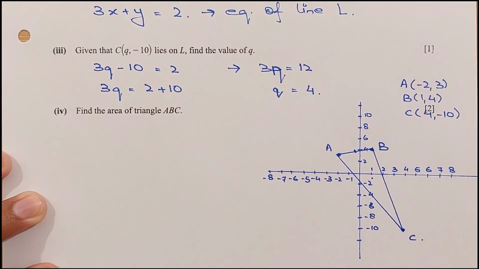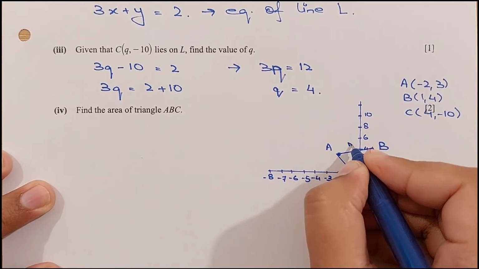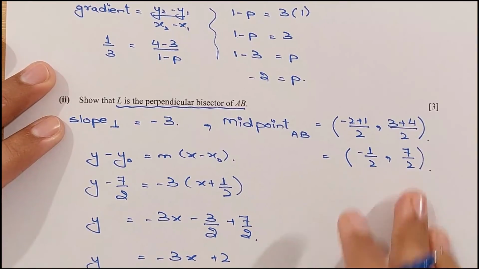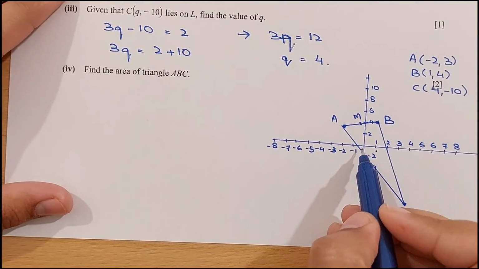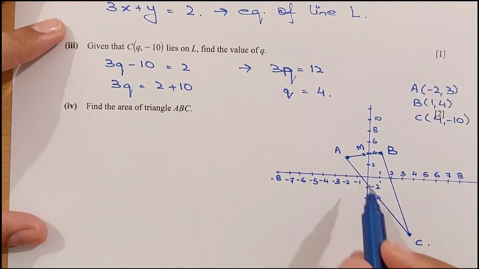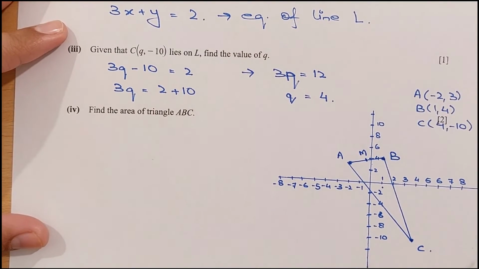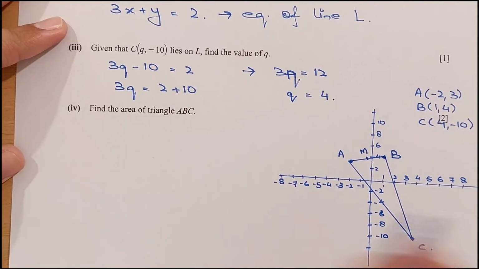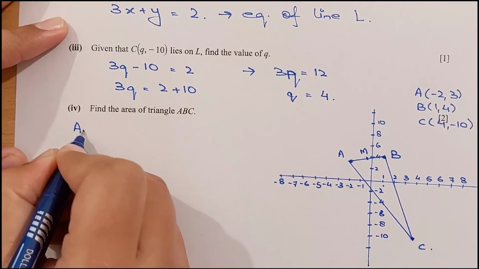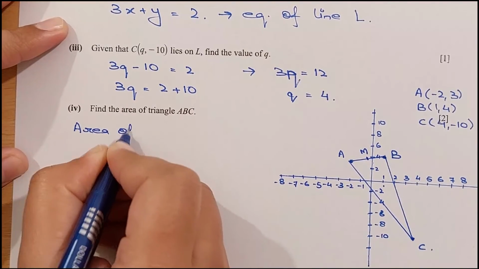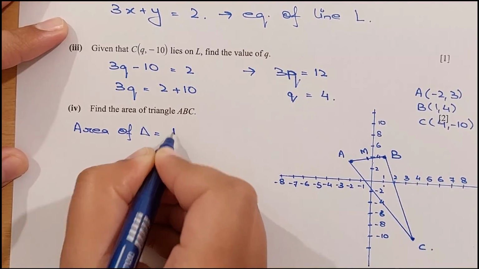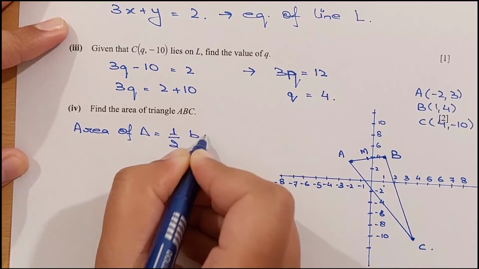Let's say this is the midpoint of AB, M. It is minus 1 by 2 and 7 by 2, so the x value is negative and the y value is positive, and you can see here the x is negative and y is positive. For triangle ABC, area is half base times height, right?